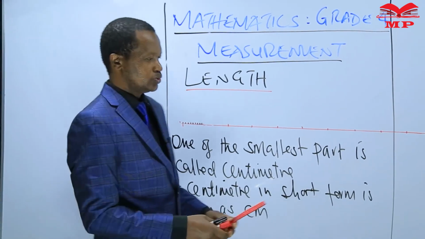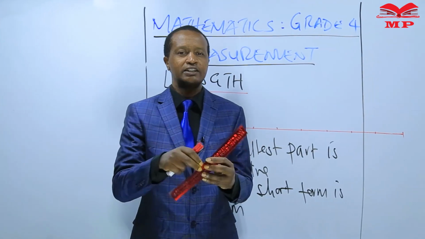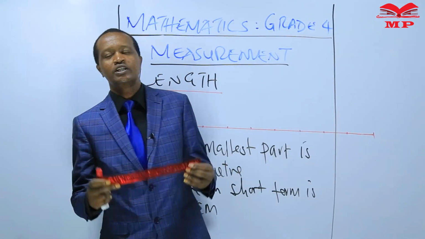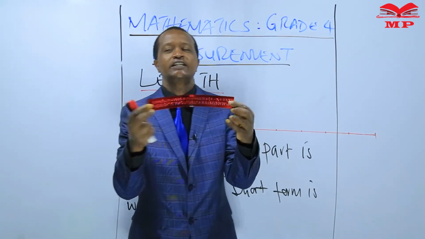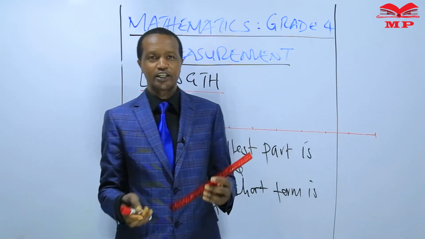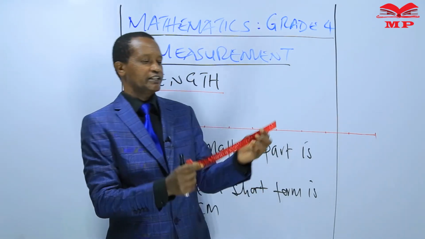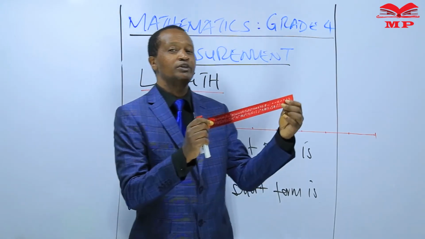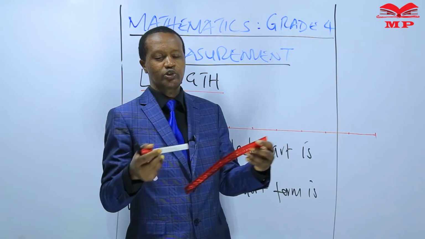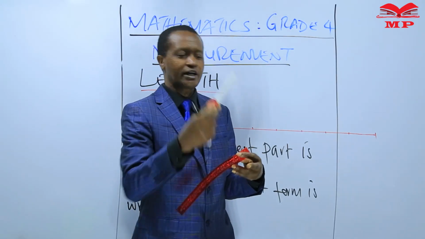So, learners, we want to now move on and learn how to measure objects or items using the 30 centimeter ruler. I gave an example of my pen. I said the 30 centimeter ruler can be used to measure short lengths. So what is the length of this marker pen?